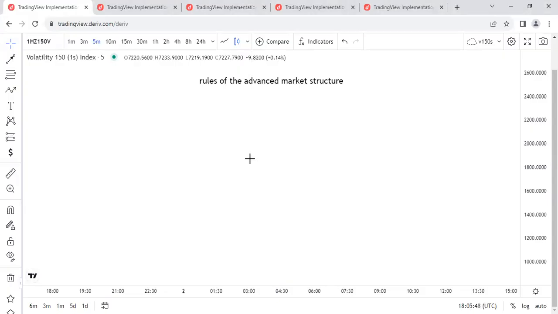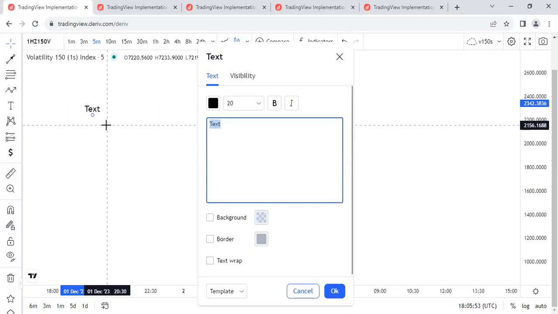Okay, good. Now, rule number one. There must always be a sweep of liquidity first.